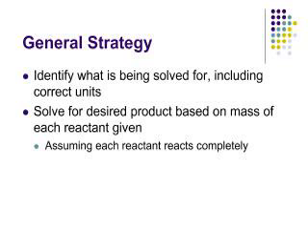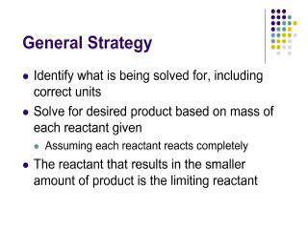We are making the assumption that everything reacts completely, so the reaction is going to completion. When we do the calculation, whichever reactant gave us less product, whichever one gave us the smaller amount of product, that's our limiting reagent.